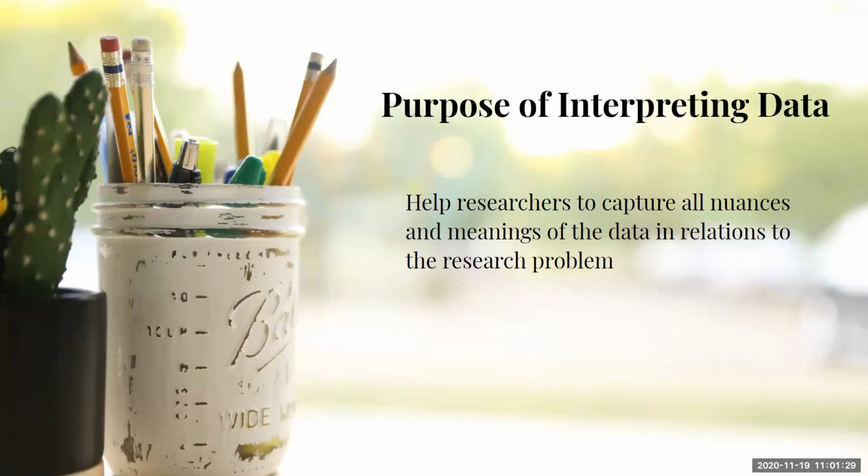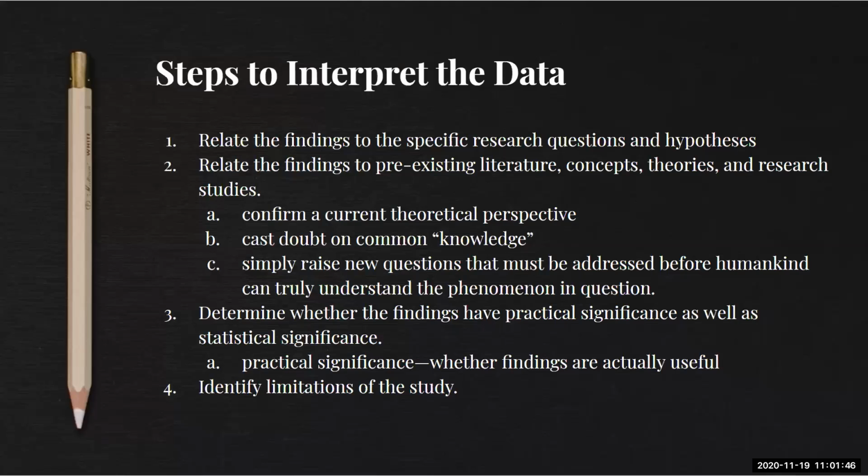We have learned a lot about how to interpret data using statistics. But what is the purpose of interpreting data? It helps researchers to capture all the nuances and meanings of the data in relation to the research problem. The steps that we can take to interpret the data include relating the findings to the specific research questions and hypotheses.